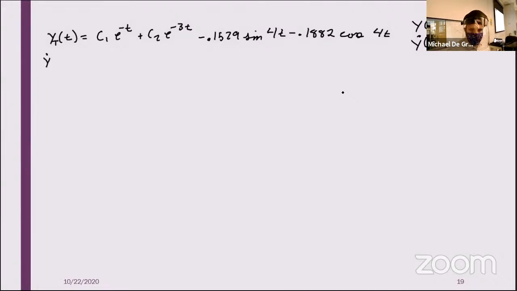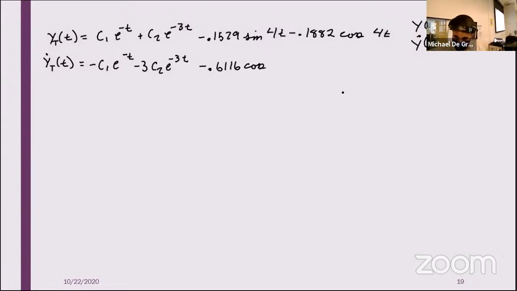So I'm going to have to take the time derivative of this equation, and I can get that by just taking the derivative of the equation with respect to time.